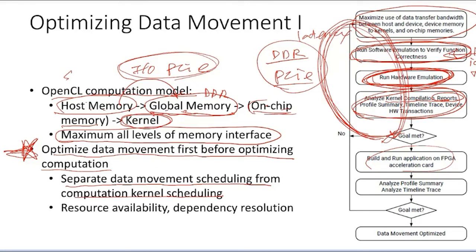So to do a true evaluation of the performance, you have to put it into an FPGA running in the system. At this time, you have to turn on the profiling. When you run the actual application, you study the profiling result, then you do the optimization again. So there is a two-step optimization. One is the code simulation, which gives you a good handle on the pipeline and scheduling, but the latency is not accurate.